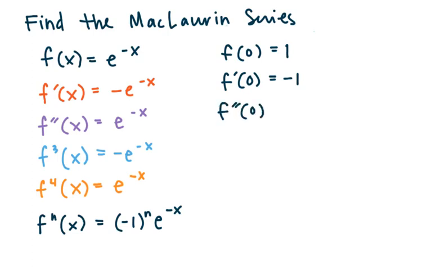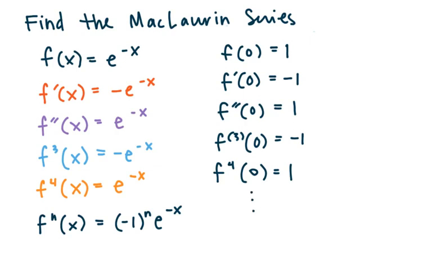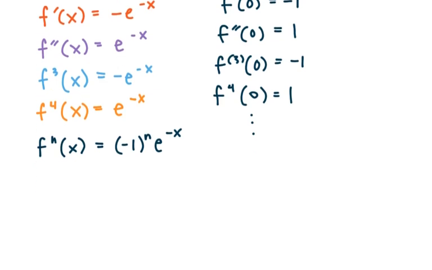Second derivative evaluated at 0, positive 1. Third derivative evaluated at 0, negative 1. Fourth derivative evaluated at 0, positive 1. And we see that pattern repeating itself. Okay, so it keeps going, repeating itself in this alternating manner.